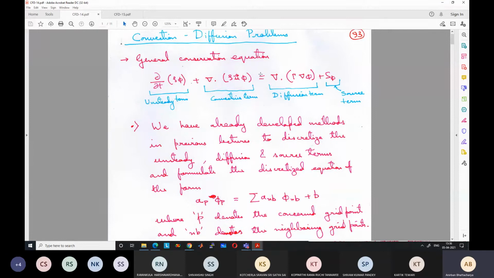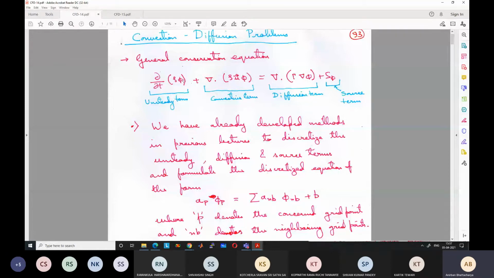The main objective there was to find the interface values of the derivatives using different types of profile assumptions, and we also found how to discretize the source term and the unsteady term. The source term and unsteady terms are not difficult to discretize.